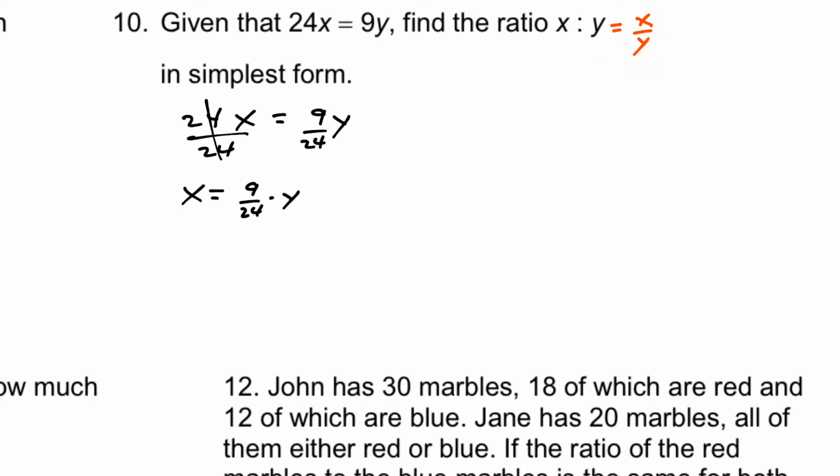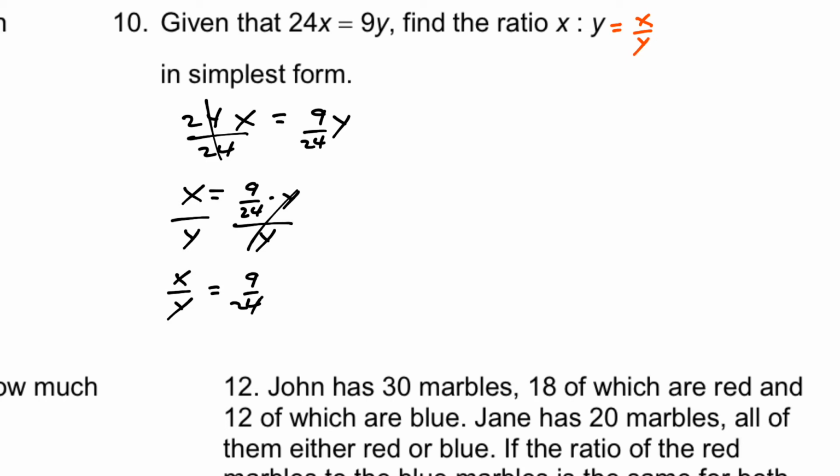And to accomplish that, I just need to divide both sides by Y. So I'll divide the right-hand side by Y, and I'll divide the left-hand side by Y. On the right-hand side, Y over Y cancels out and makes a 1. So now we have the ratio X to Y, or X over Y, equals 9 over 24.